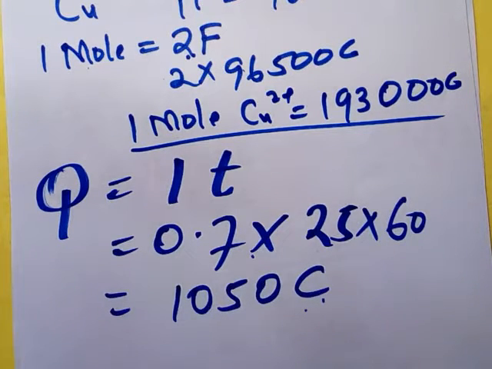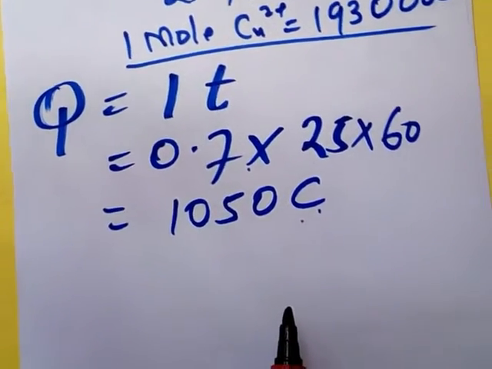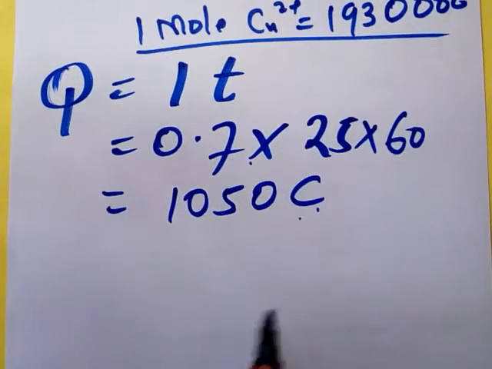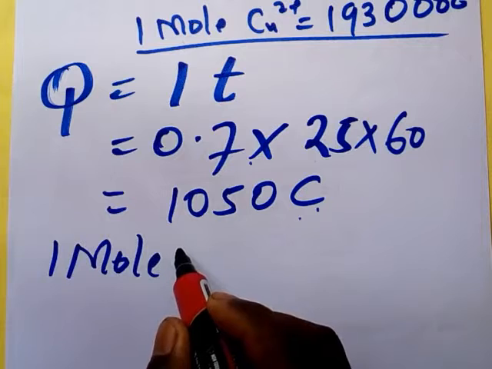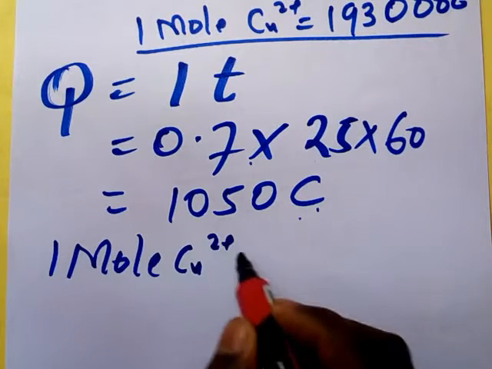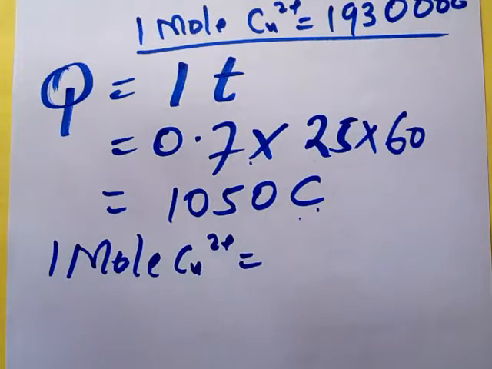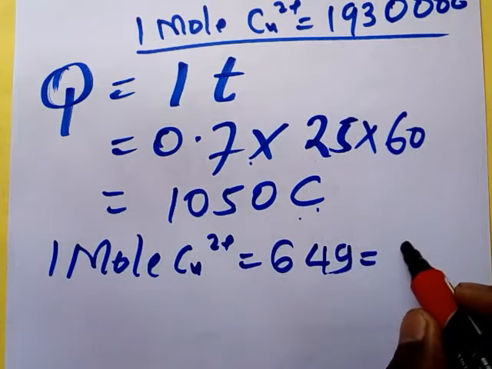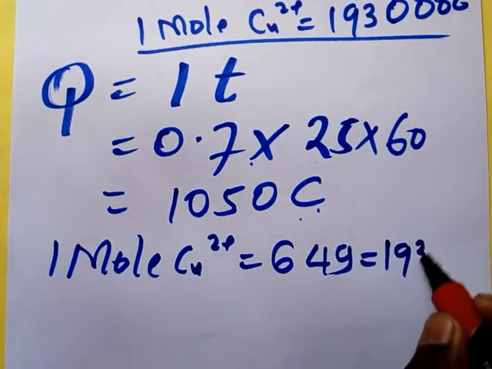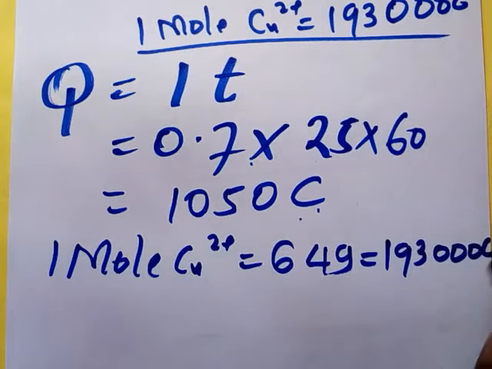So we want to know the mass that this quantity of electricity will produce. But there is one thing we know for sure, that 1 mole of copper 2 ions, which is equal to RAM 64 grams, will contain 193,000 coulombs.